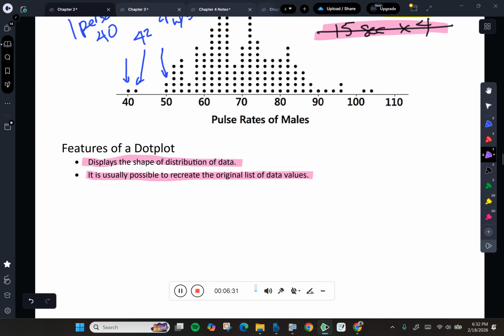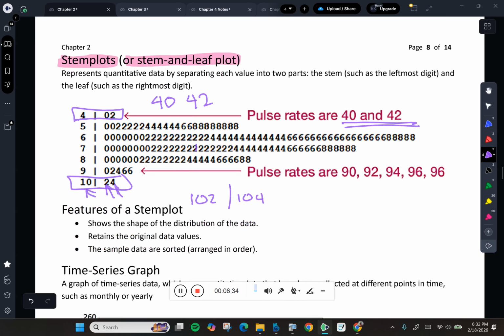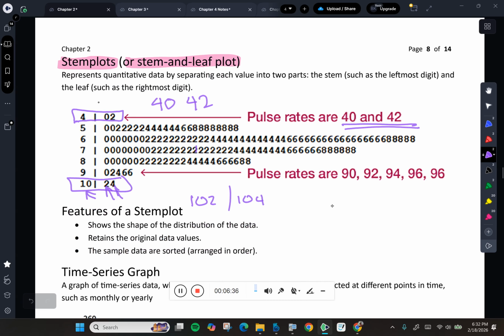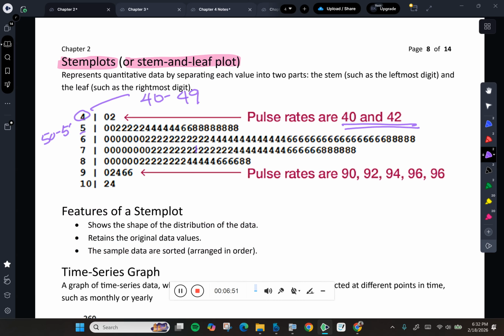The number of dots would be its frequency. Whereas down here, every stem represents a class of data. So this stem right here represents everything between 40 and 49. The 5 is all the 50 to 59, and so on and so forth.